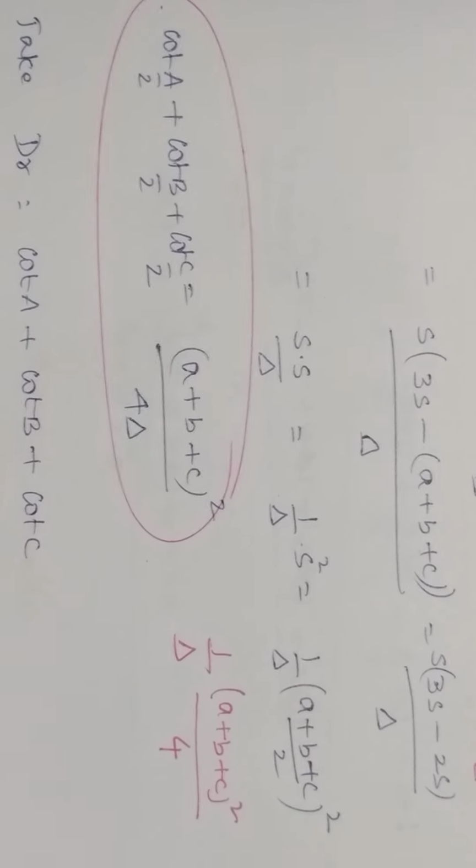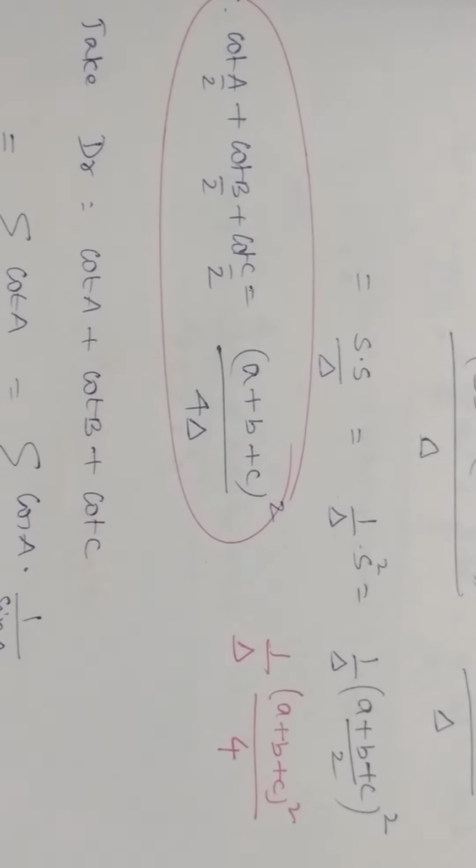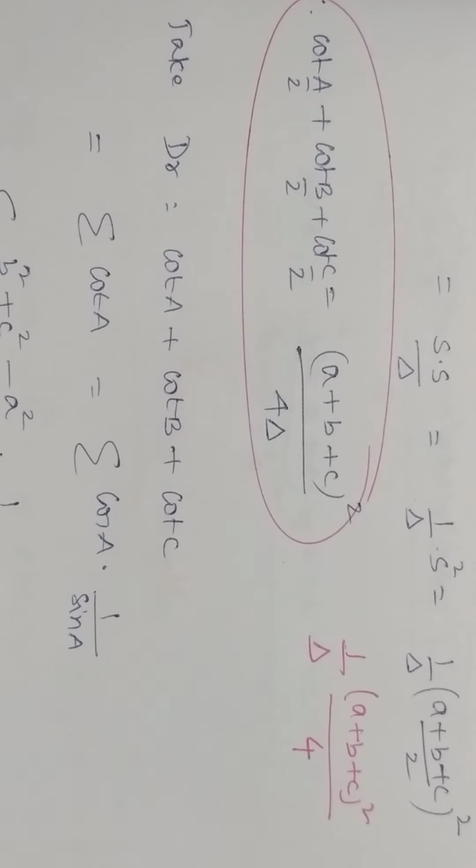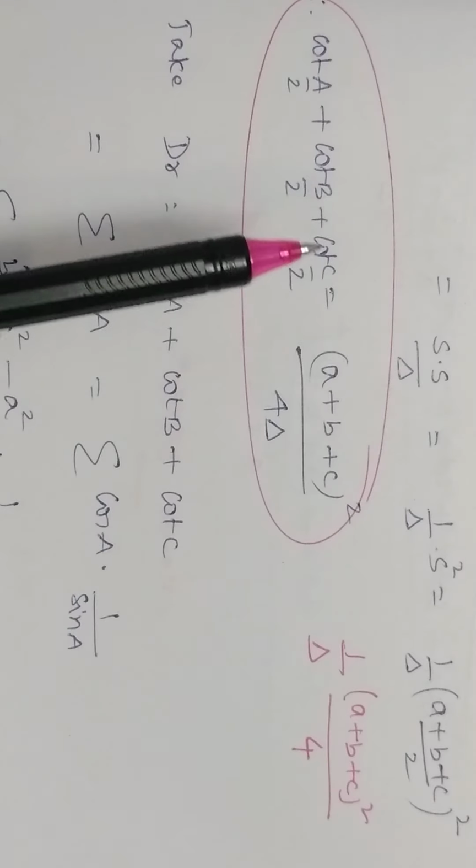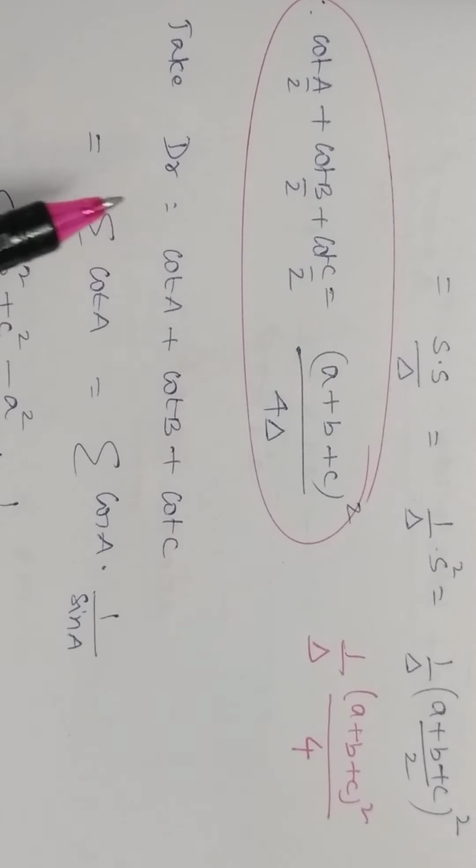Now take the denominator part. Individually they can ask the numerator as a problem and the denominator as a problem. So here they combined two problems and given it as a single problem.